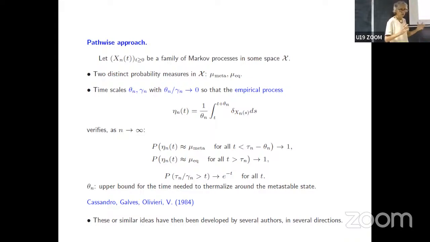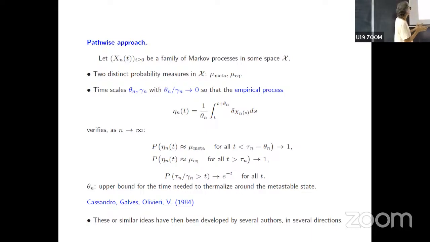They are both going to infinity, but theta_n is much shorter than gamma_n. And I look at what one does in statistics and probability, an empirical measure, empirical process. So I evaluate the proportion of time, between t and t plus theta_n, that my process is in a certain subset.